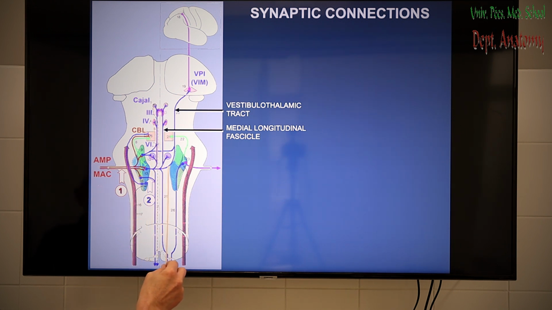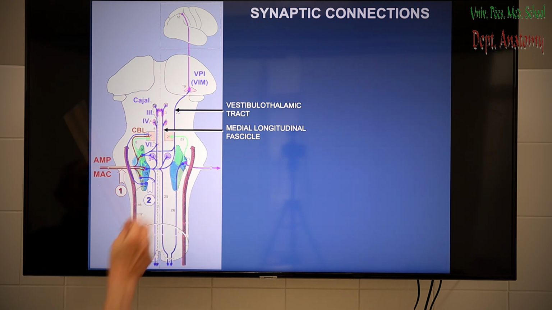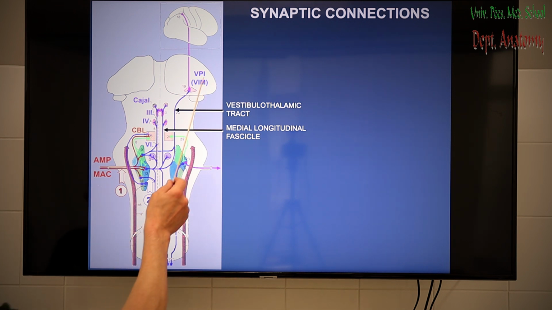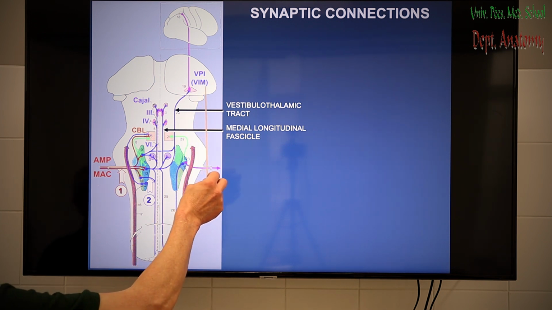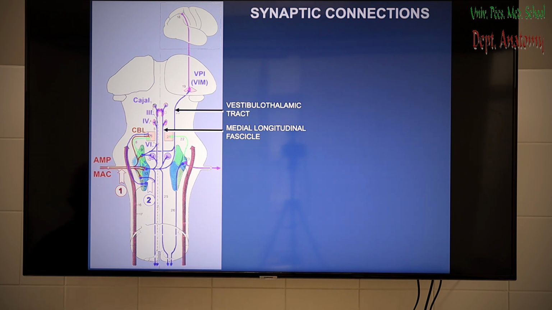or also second order neurons can escape this system and directly terminate in the thalamus. In the thalamus, in general, 2 nuclei, mostly the VPI, the ventral posterior inferior, and to some extent the VIM, the ventralis intermedio medialis, also receive the secondary vestibular fibers.